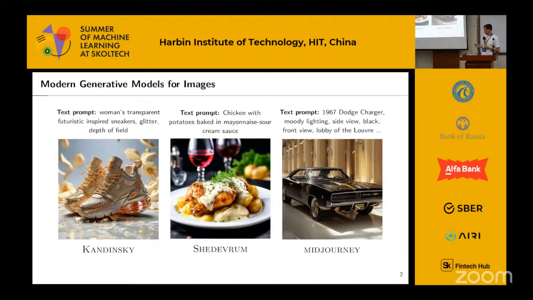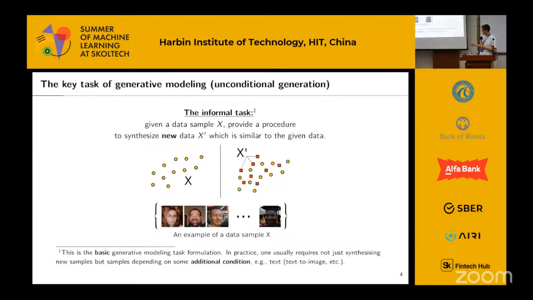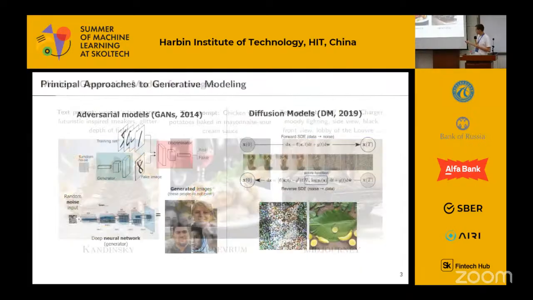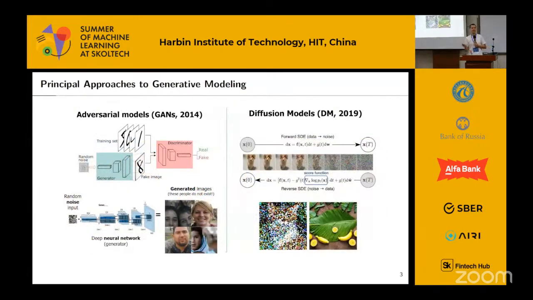Diffusion models are, in fact, one of the two main paradigms which are nowadays popular in the context of generative modeling for images, and they kind of replaced another paradigm which existed before them, called generative adversarial networks. During the previous lecture, we discussed how diffusion models are applied to classical generative modeling problems.